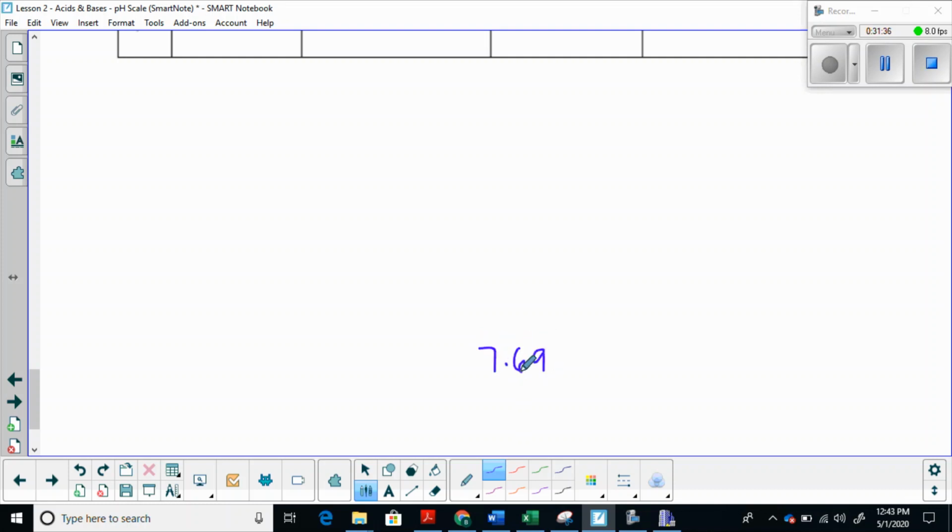This is my pOH. It's my starting point. We need to find everything else. So let's go ahead and find our hydroxide concentration first.